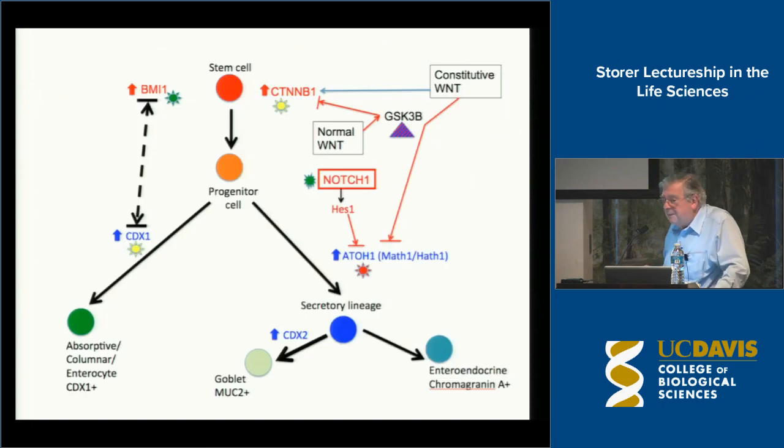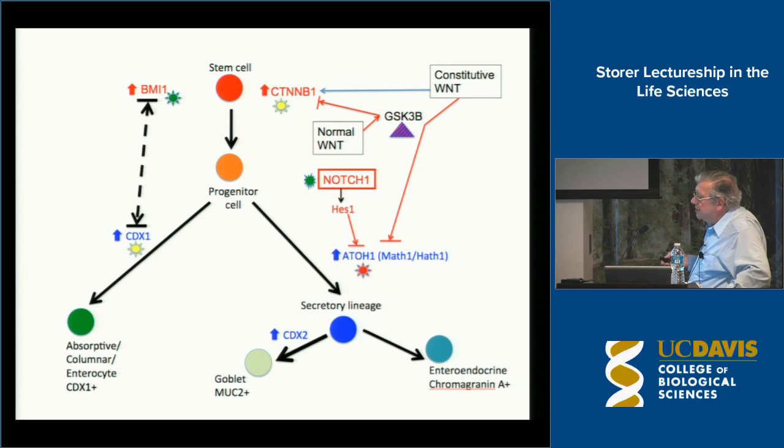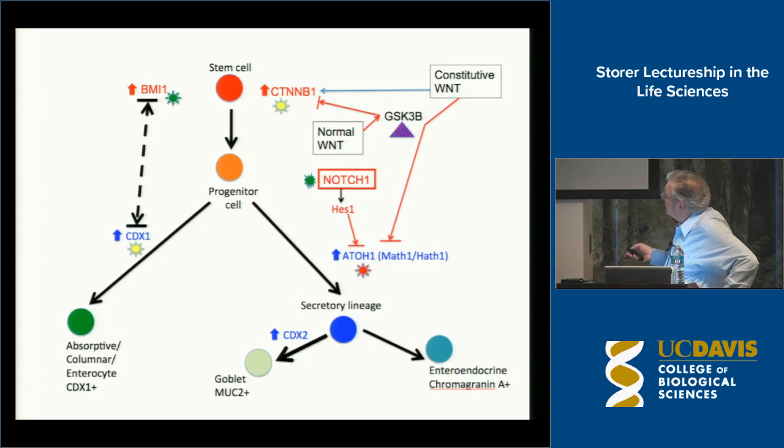Actually, what you can come up with then is a sort of generalized picture of what's happening in the stem cell differentiation pathway, which is somewhat similar whether you're thinking about the normal tissue or the tumor tissue. You've got a stem cell, progenitor cells.